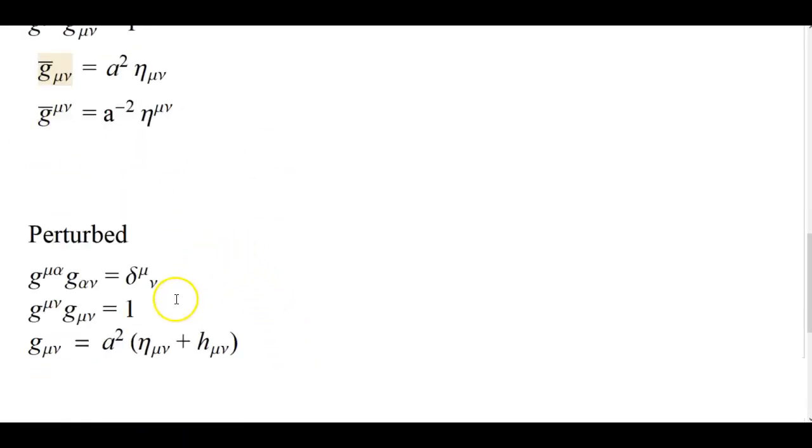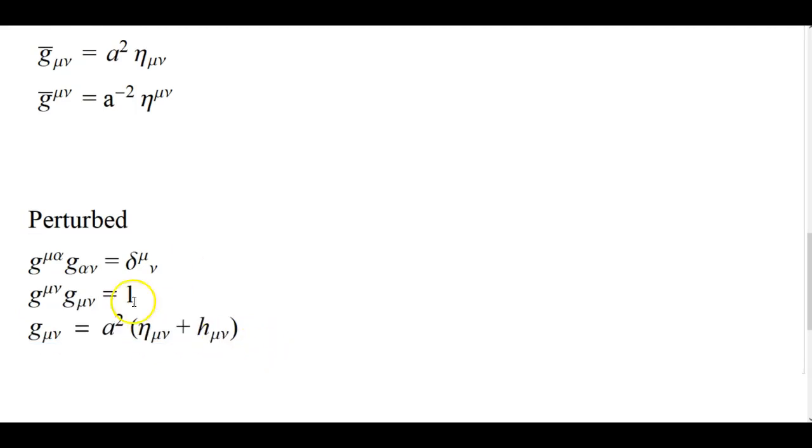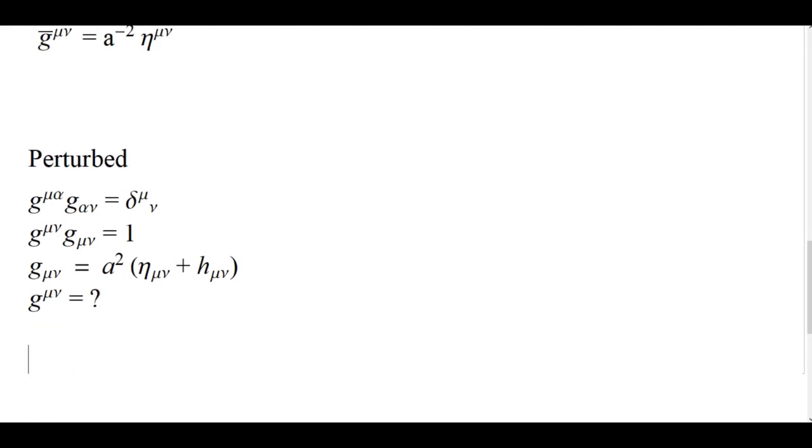Now in the perturbed metric, we have this relationship, this relationship, and this relationship, and now we would like to find what the inverse of G mu nu is equal to. This is what we want to find.